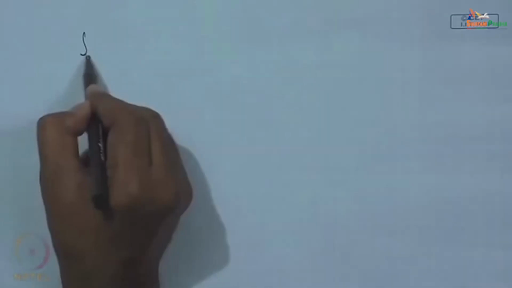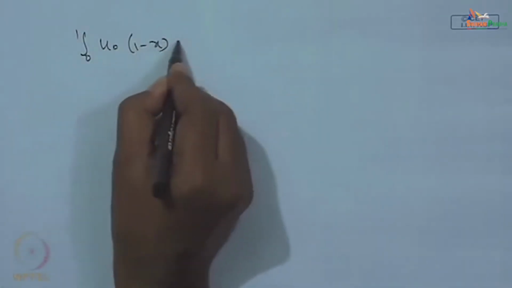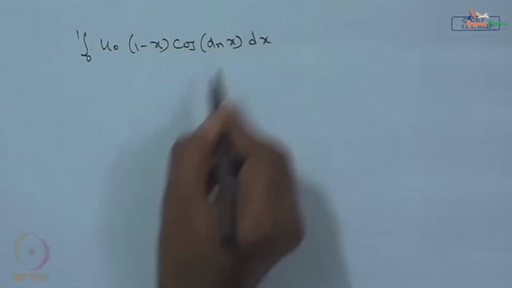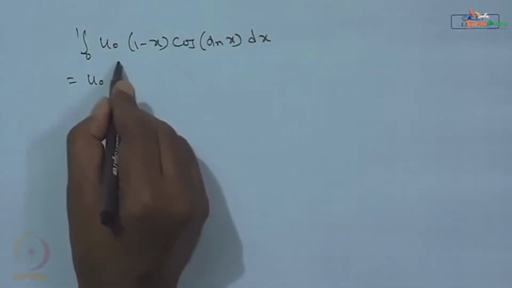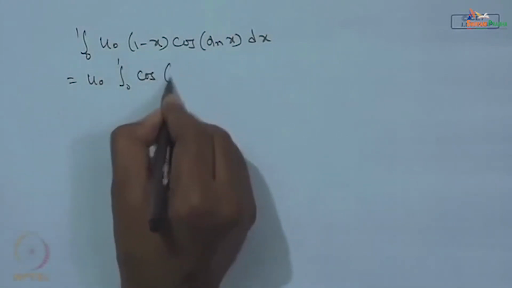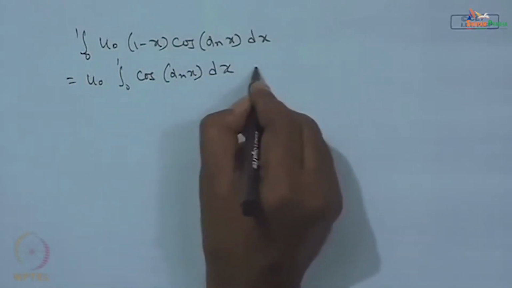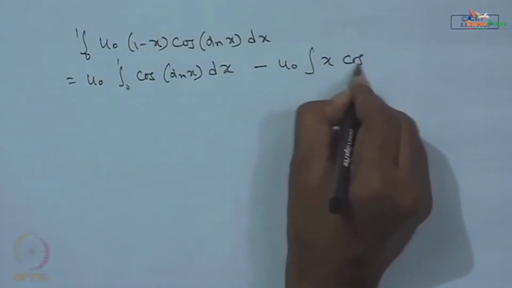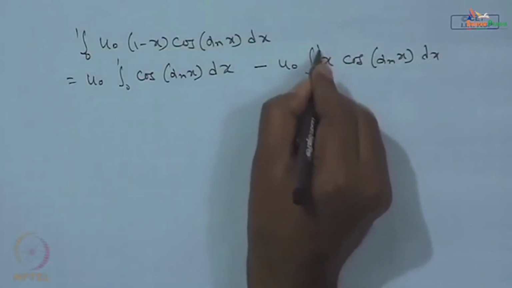If we evaluate this integral from 0 to 1 of u_0 (1 minus x) cosine alpha_n x dx, u_0 is constant, so it comes out. So, this will be the integral from 0 to 1 of cosine alpha_n x dx minus the integral of x cosine alpha_n x dx from 0 to 1.